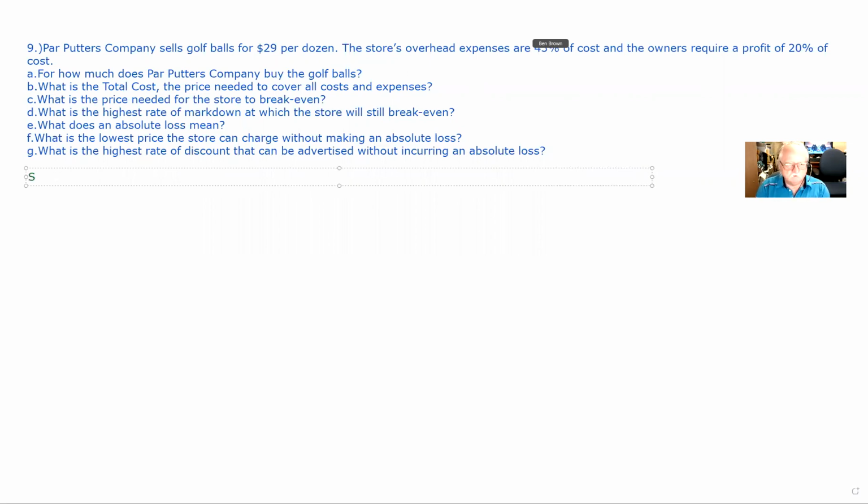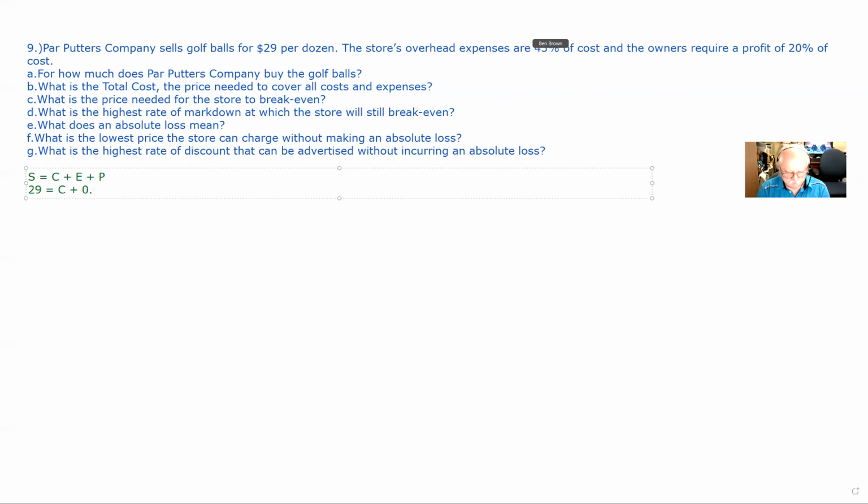So basically S equals C plus E plus P, but we know the selling price is $29. We don't know the cost, but we know the expenses are 43% of cost.